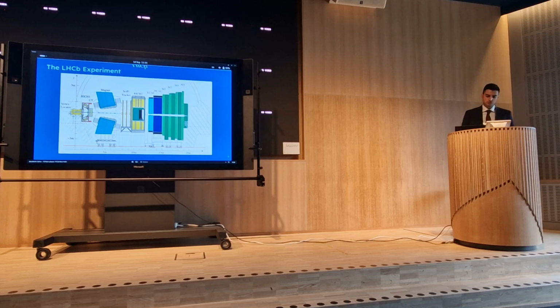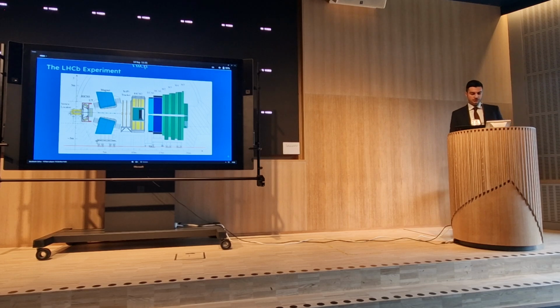I will not go too much into details, but the difference between LHCb and the other experiments is the fact that the collision point is not at the center, and it's all to one side, on this side, because we look only in the forward direction. So from here, the particles will go only in this direction, and we look at them specifically because this is the region where our interesting events are more likely to be.